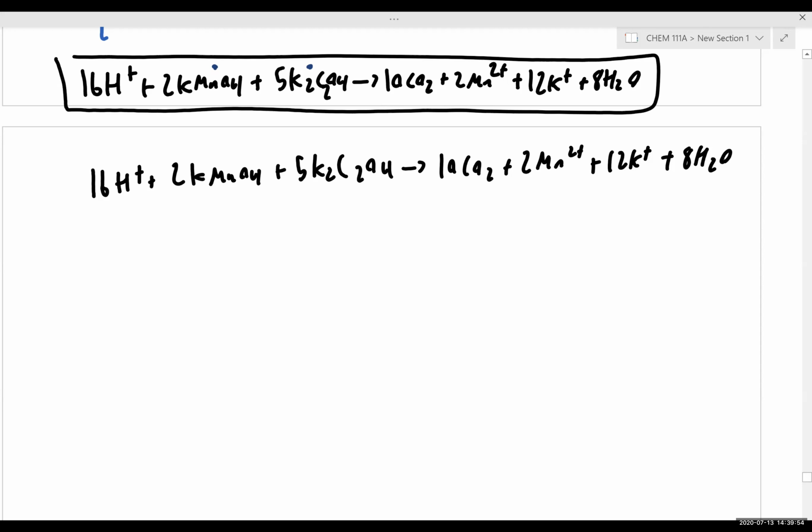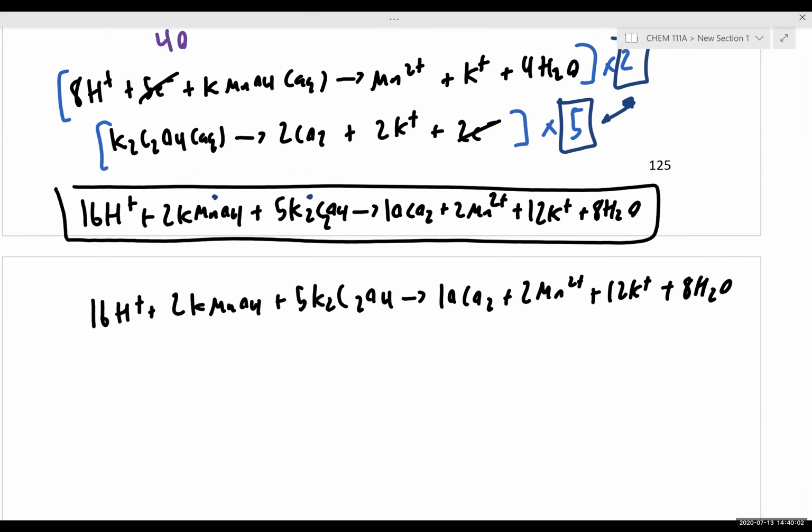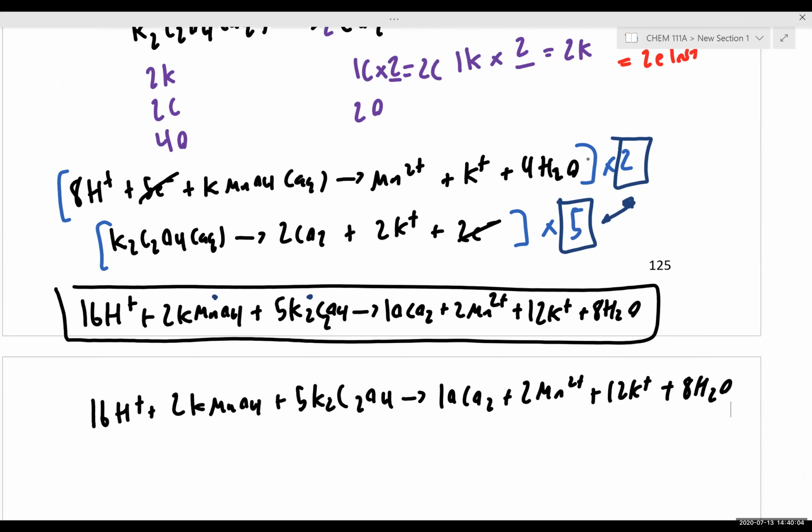Because 10 plus 2 would give us 12. I just added up the two potassiums on the right-hand side. Let me show that. So we have 2 plus 10, and that gives us 12 potassium.